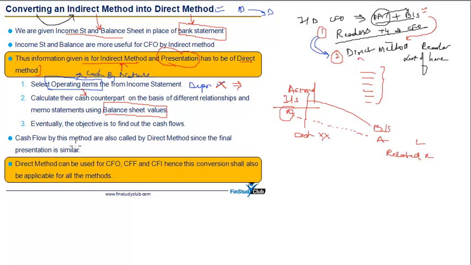The presentation that I will eventually get will be absolutely similar to the method I would have got if the bank statement was available to me. So the short point is, the face of it, the front end, will remain the same, whereas my back end will change.